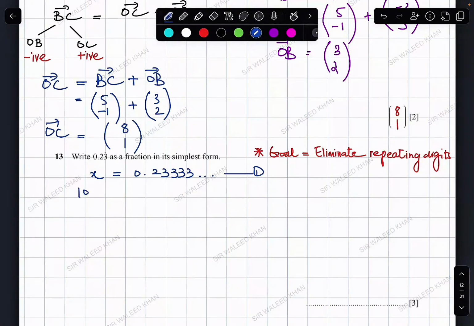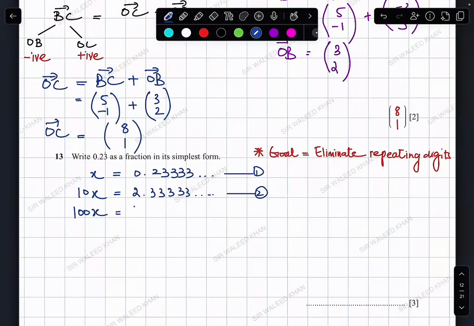So 10 times x should be 2.3333 recurring. This is the second equation. And I can see if I subtract these two values, after the decimal the threes are not aligned. In the first one it's 233, and in the second one it's 333, right? So I have to align these decimals. Let's multiply it with another one, 100.